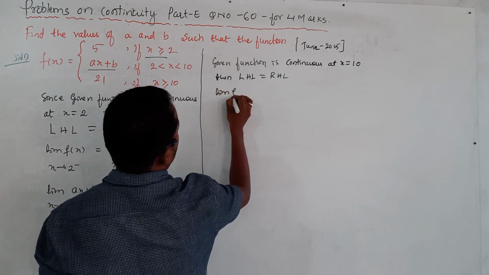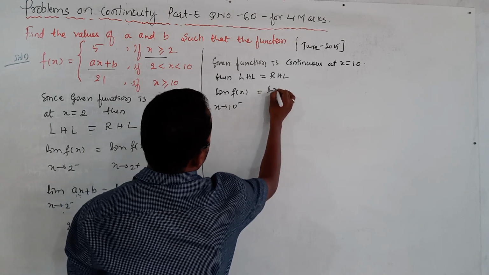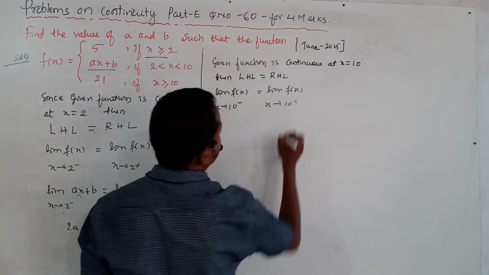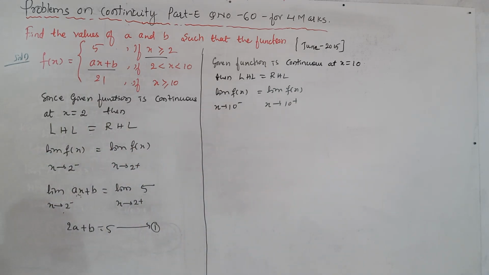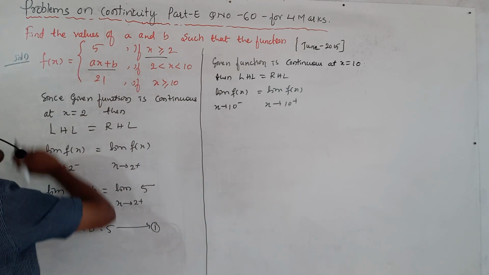Therefore limit of f of x as x tends to 10 minus equals limit of f of x as x tends to 10 plus. Now 10 minus means less than 10, so again we take ax plus b.